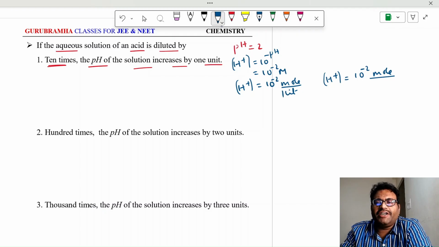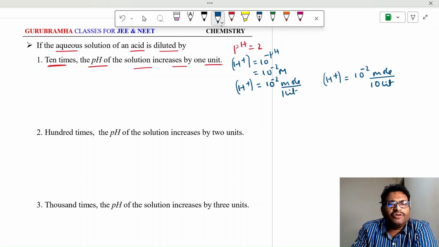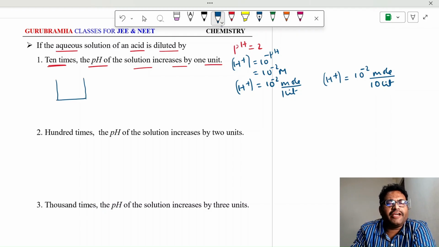10 times of 1 liter means 10 liters. I am making it 10 liters. So 10 times I am diluting it. For example, its pH is equal to 2.